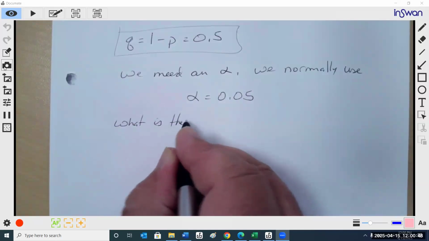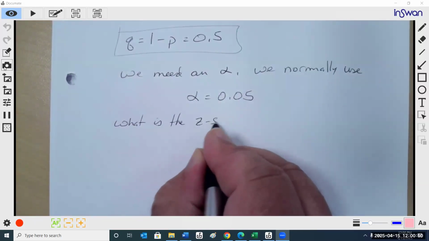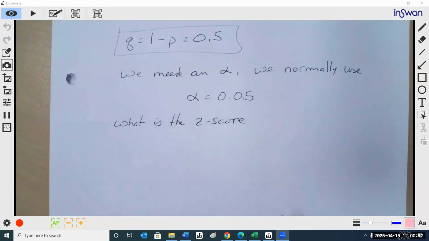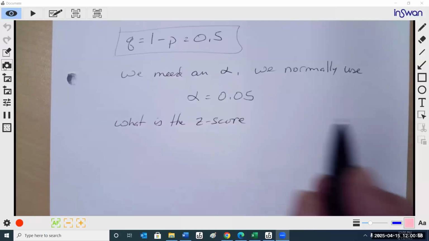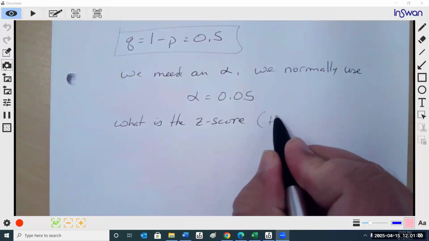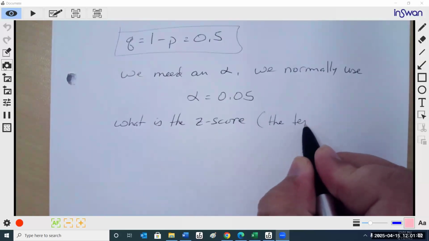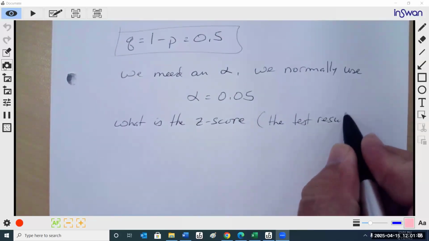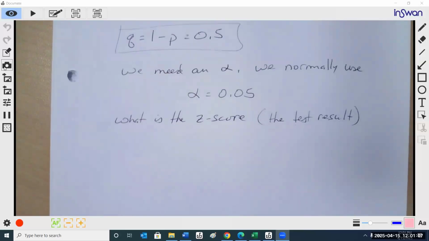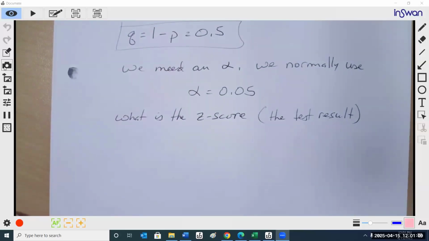What is the z-score? Which means the test result. How do we find that?